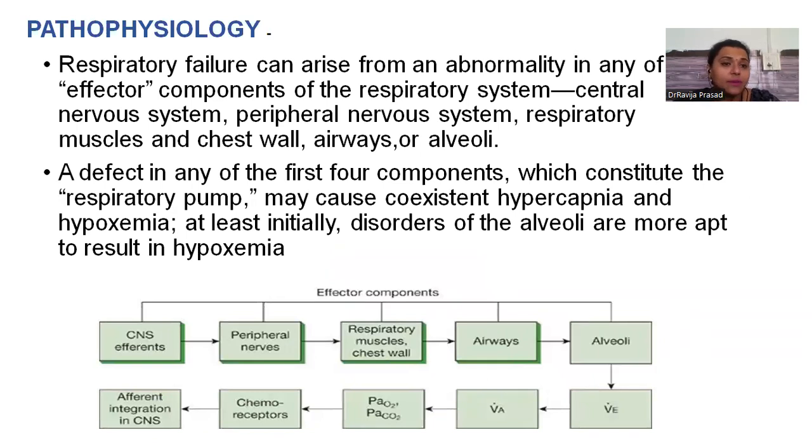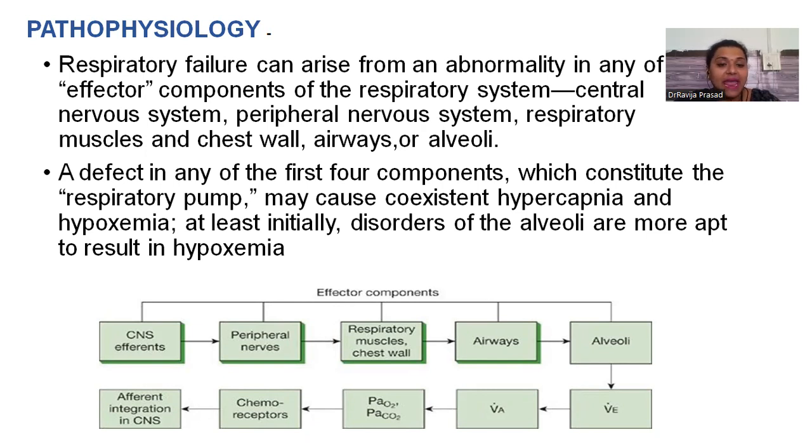Now, what is the pathophysiology of acute respiratory failure? Respiratory failure can arise from an abnormality in any component of the respiratory system: central nervous system, peripheral nervous system, respiratory muscles, chest wall, airways, or alveoli.